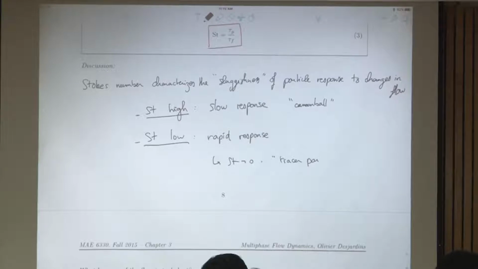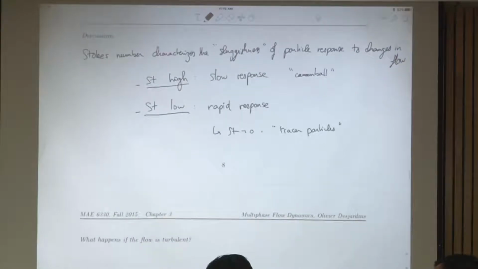Tracer particles are specifically used for PIV, for example. If you want to do measurements on a fluid phase, typically you do that by tracking particles. If you want your particles to be a good surrogate for the concept of a fluid particle, you need those particles to be very light, very small, so that their velocity is essentially at all instants the velocity of the fluid.